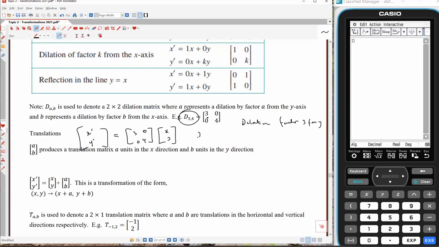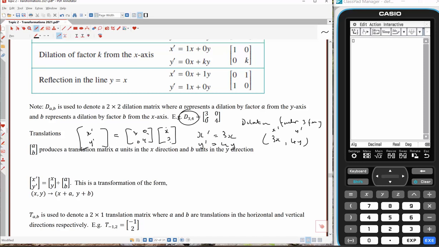So x dash will be equal to 3x plus 0y, and y dash will equal 0 times x plus 4 times y, which is 4y. We pop that in mapping: x dash is equal to 3x, y dash is equal to 4y, and we can simply read that. That's a dilation factor 3 from y, 4 from x.